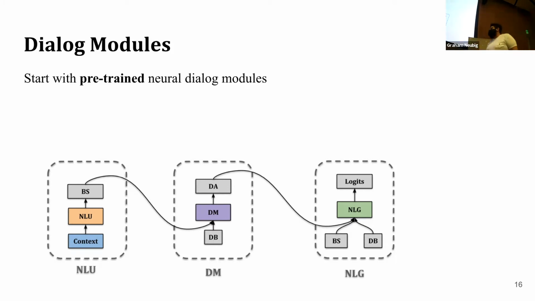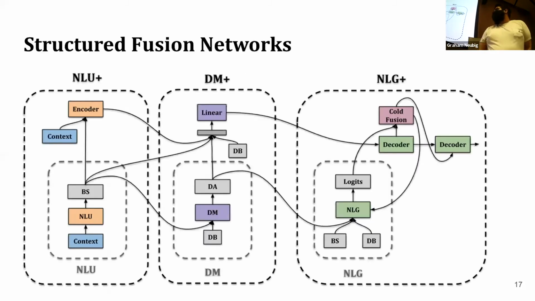So in this case, what we did was we had intermediate outputs, we pre-trained them separately, and then we also tried fine-tuning this for the task of response generation. But that doesn't really work that well on its own. So what we ended up doing was, if you see in these gray boxes in the middle, we have the NLU, DM, and NLG modules. But we also learn a seq-to-seq network on top of these modules.